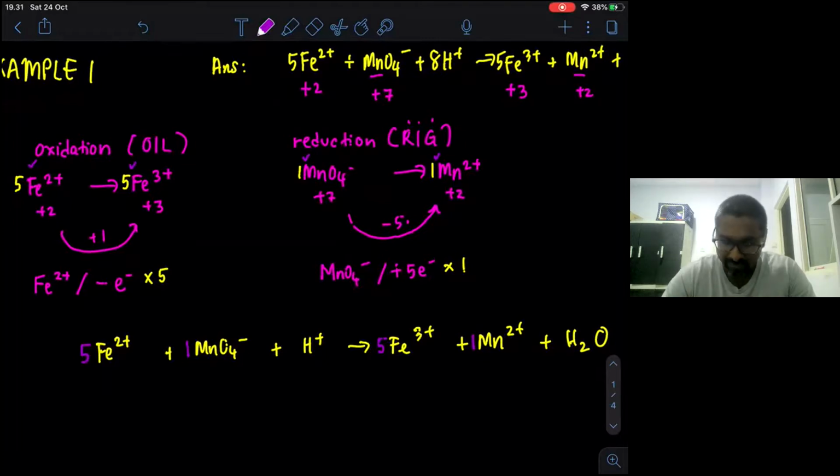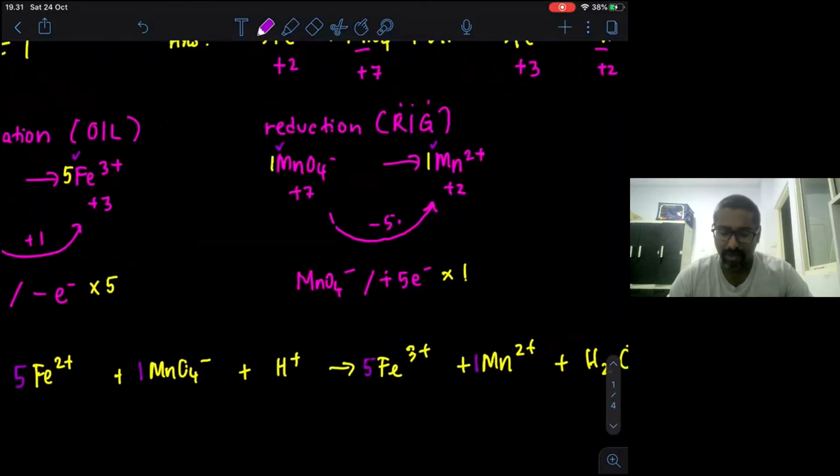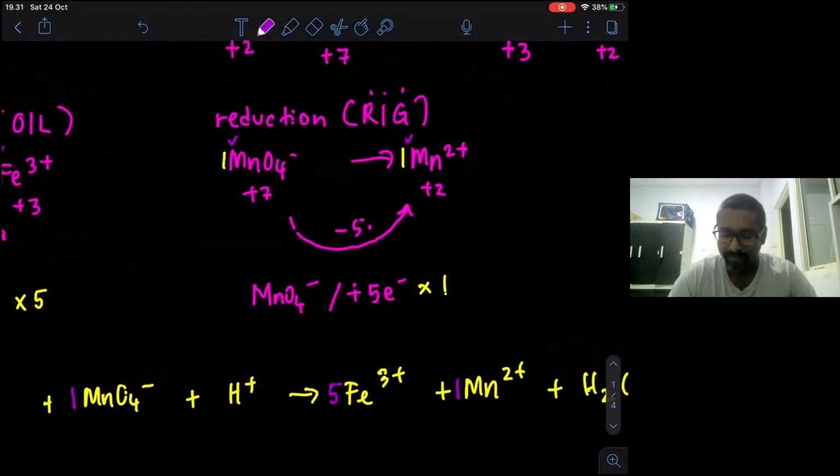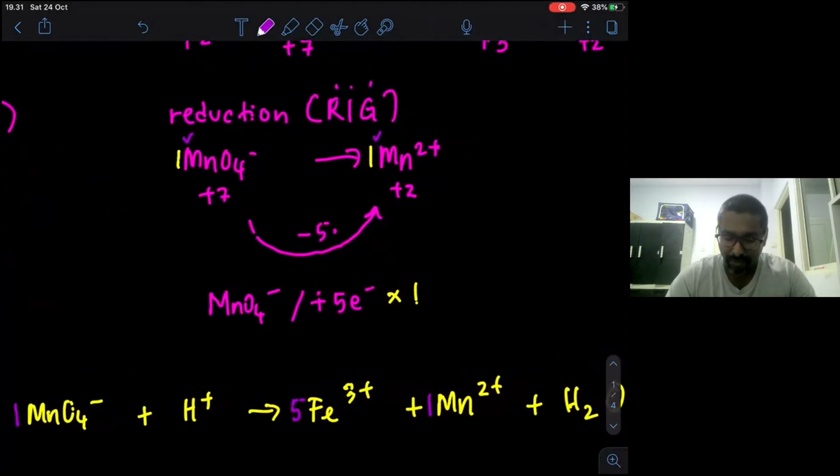Now, how do we balance the H+ and H2O? To balance these, we need to solve this: MnO4- is going to give you H2O and H+. So I put 4 here, and this is going to be 8.